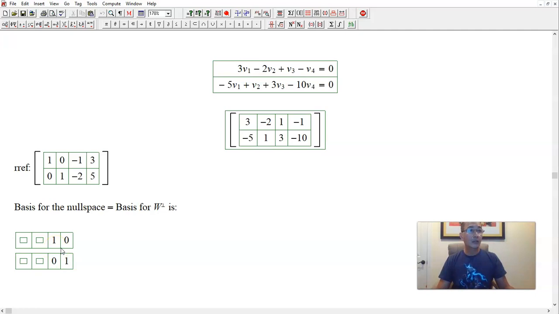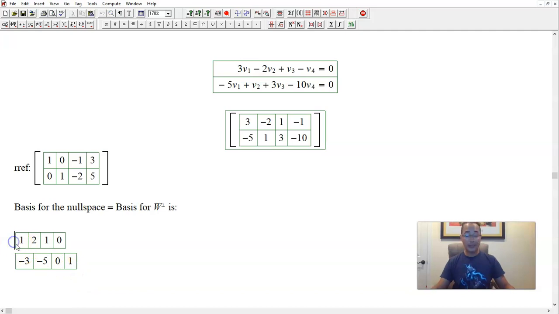Okay? So, what goes into the blanks? In column 3, we have minus 1, minus 2. They go into the first vector, reverse the sign as you input them. So we will have 1 and 2. And in the fourth column, we have 3 and 5. Reverse the sign when you enter them: minus 3, minus 5.